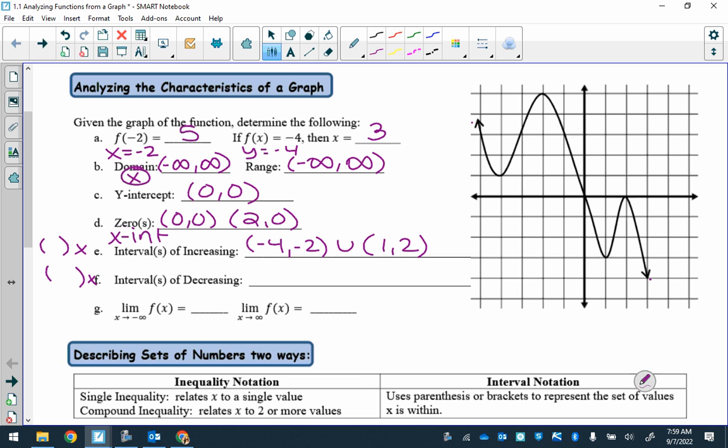So we have to make sure we include that union there. All right. Intervals of decreasing. Go ahead, Bri. Excellent. Good. So, and again, just a little recap.